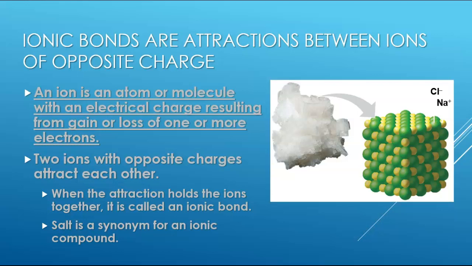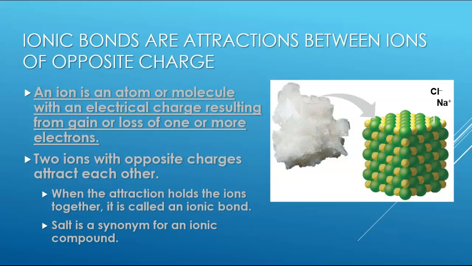It can gain or lose 1, 2, or 3 electrons, and so forth, okay? When you have two ions with opposite charges, they're going to have an attraction for each other. But remember, opposites attract, likes repel. When that attraction between ions of opposite charges holds the ions together, that's called an ionic bond.